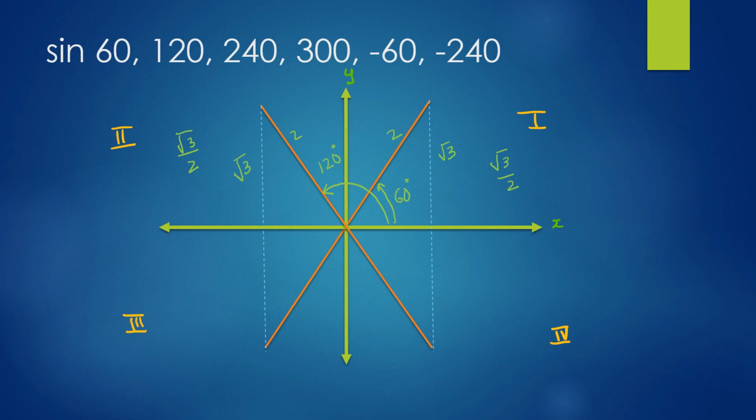Now let's look at the angle that is diagonally opposite to 60 degrees in the third quadrant, and this is 240 degrees. It's a mirror image of 120 around the x-axis. Now we come to the negative value of y, which is minus root 3 by 2, and hence the sine is minus root 3 by 2.